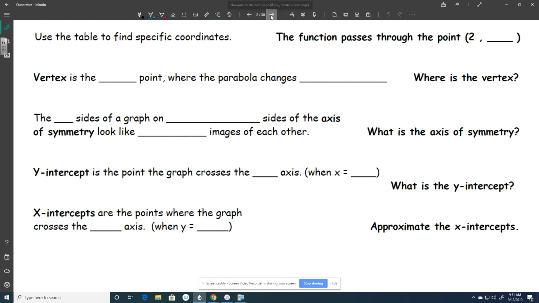Now we're going to have to find some specific information about our graphs. One of those is if we have to find a specific coordinate, a specific point. For example, the function passes through the point, remember, this is my x, this is my y, 2 comma what. So it wants to know when x equals 2, what is my y value?